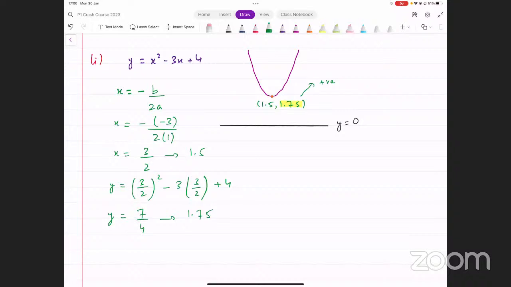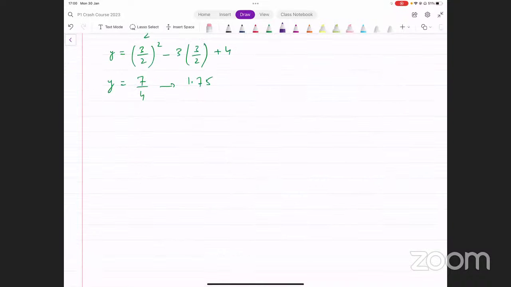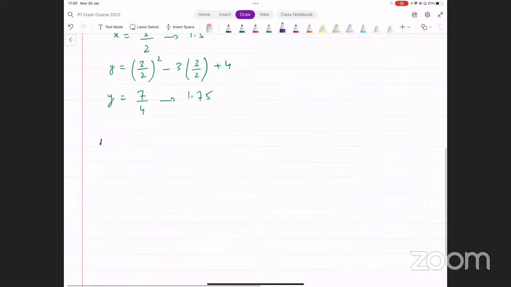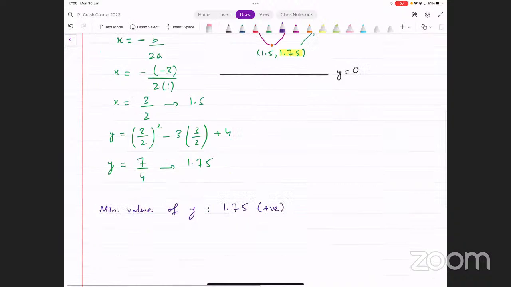So what you can say is, on the y-axis, the minimum value of the curve is 1.75. And this is a positive number. That means this minimum point lies above the x-axis. If the minimum point lies above the x-axis, that means the whole graph has to lie above the x-axis.